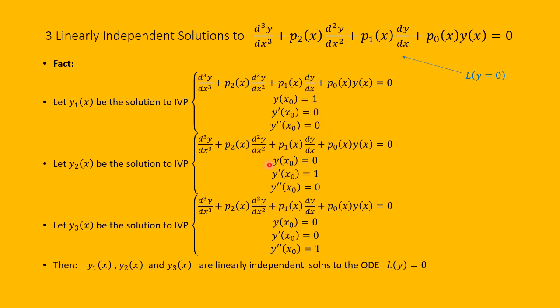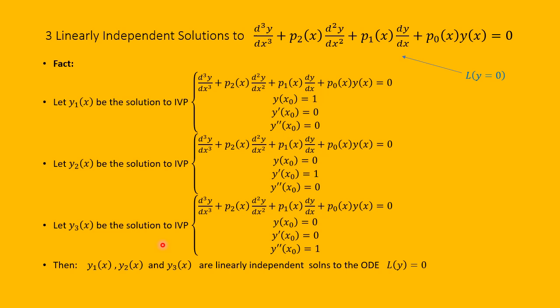The second initial value problem, we'll let y2 be a solution to this, and the same differential equation, but if we look at these initial conditions, instead of 1, 0, 0, we have 0, 1, 0. Let y3 be the solution to this initial value problem, and the only difference in this one from the above ones is right here, 0, 0, 1.